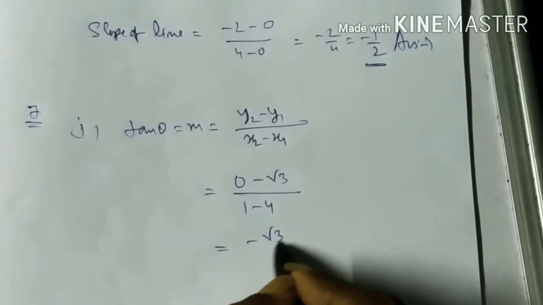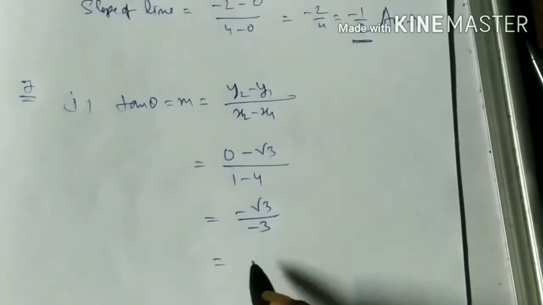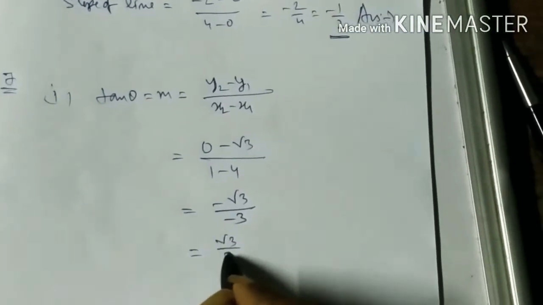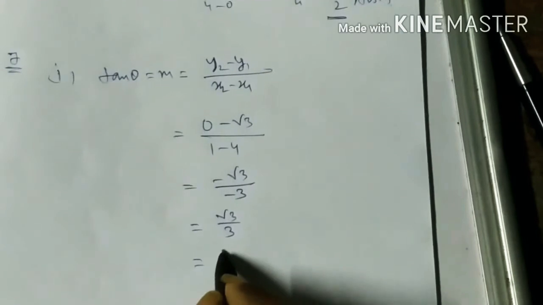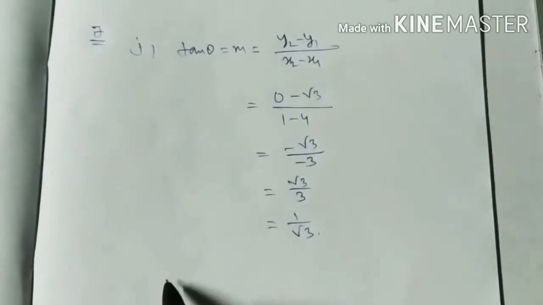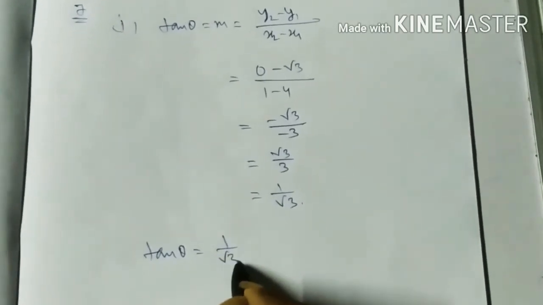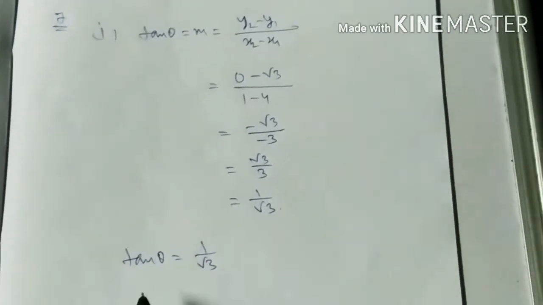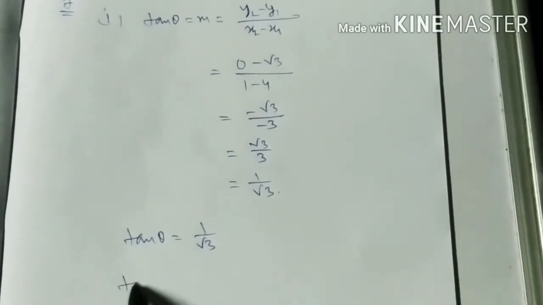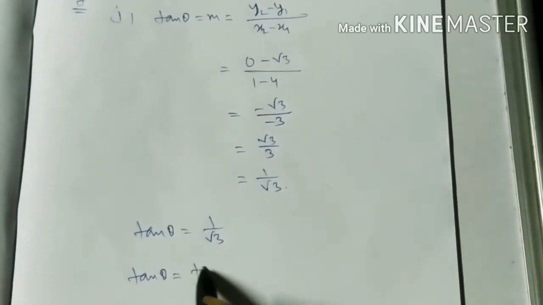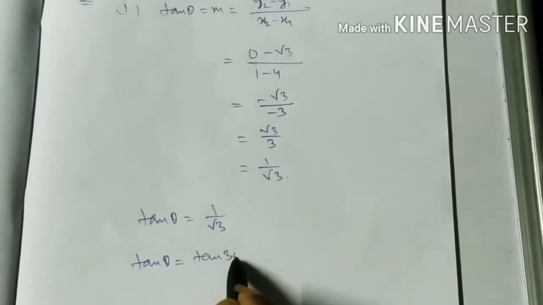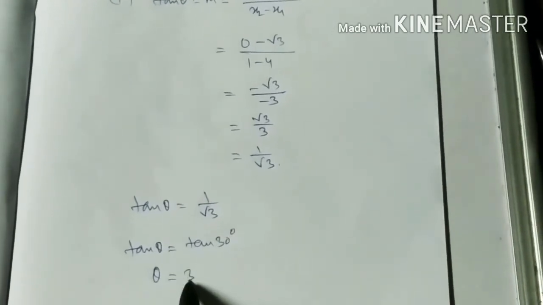So minus root 3 by minus 3. This will be root 3 by 3, so this will be 1 by root 3. So tan theta is equal to 1 by root 3, this is your slope, and your angle of inclination will be tan 30 degrees. So your theta will be 30 degrees.